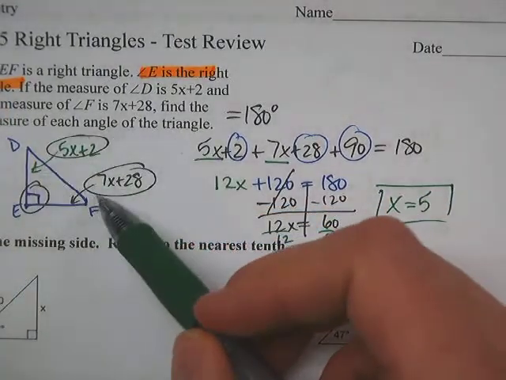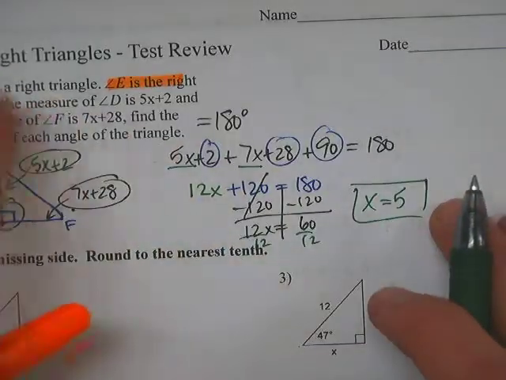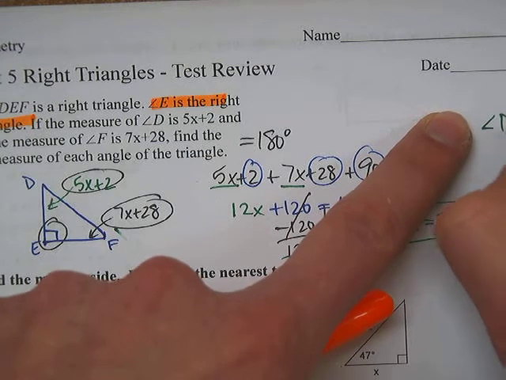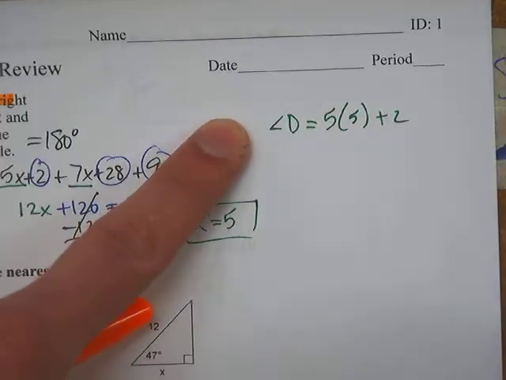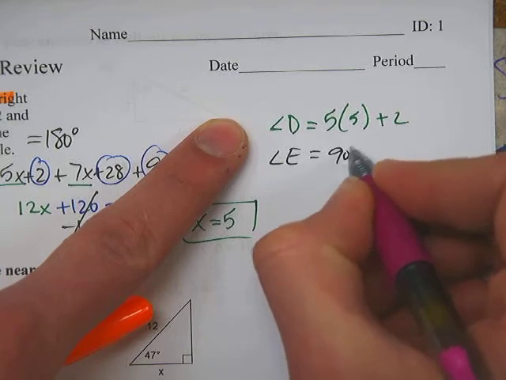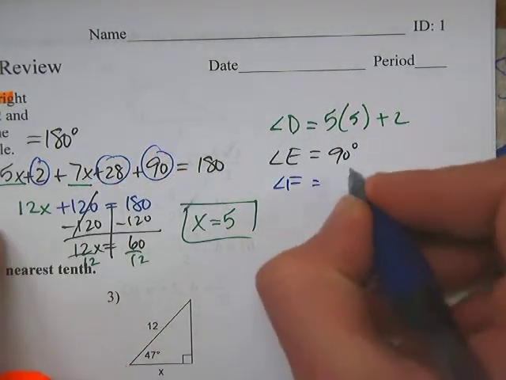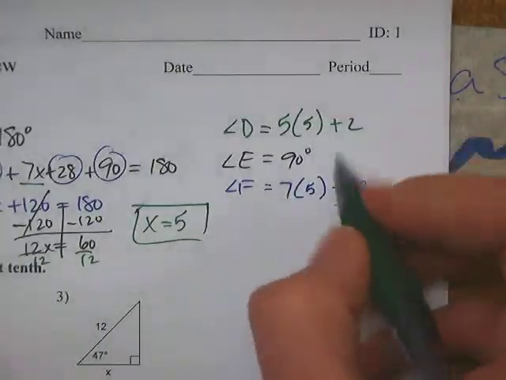Now I'm not done because it wants the measure of each angle. This is just the value of x within these angles. So to find angle D, it's 5 times 5 plus 2. We know angle E is 90 degrees. We were told that. And angle F is 7 times 5 plus 28.